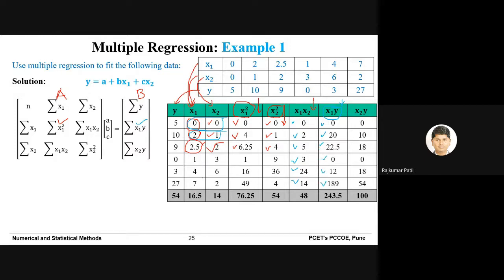So you can see here the product of 27 and 7 is 189. So this is how you can prepare second last column, and last column you will take a product of x2 and y. So once you take the product of x2 and y, you will get the values first 0, then 10 into 1, it will be 10, and so on.